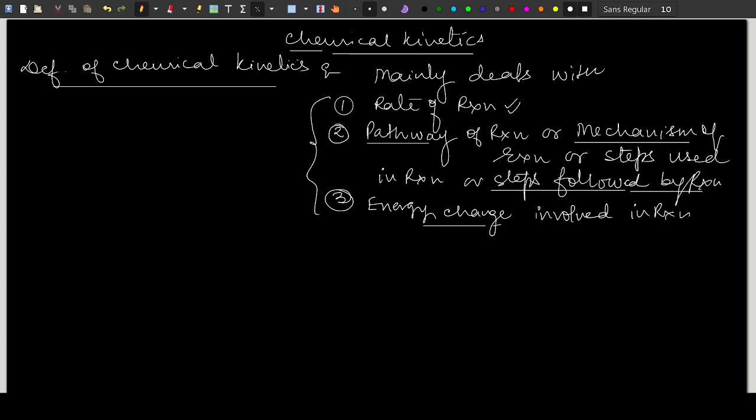After this, types of chemical reactions. In this chapter, chemical kinetics, I am not telling you the various types of chemical reactions, just the types of reactions which are required to study chemical kinetics.